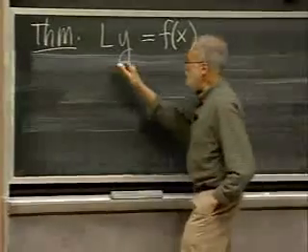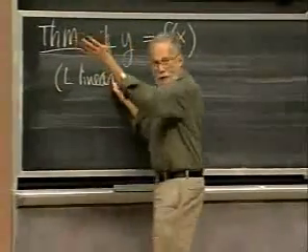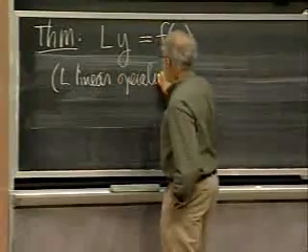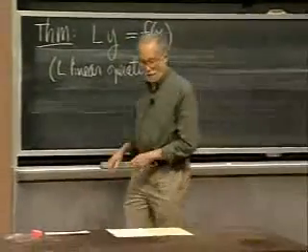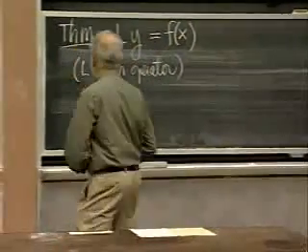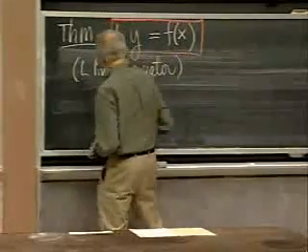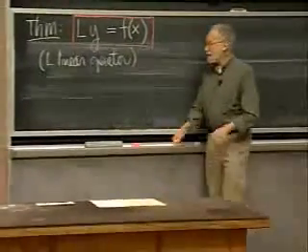That's the inhomogeneous equation. L is the linear operator, second order because I'm only talking about second order equations. So here's our differential equation. It's inhomogeneous because it's got the f of x on the right-hand side.